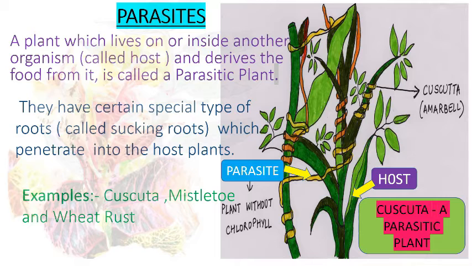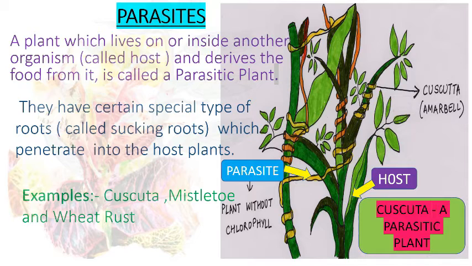Students, now we will discuss parasites, parasitic plants. So what are parasites? Parasites are the plants which live on or inside the body of another organism or plant. The plant on whose body they live is called the host, and the plants which live on another plant's body are called parasites.